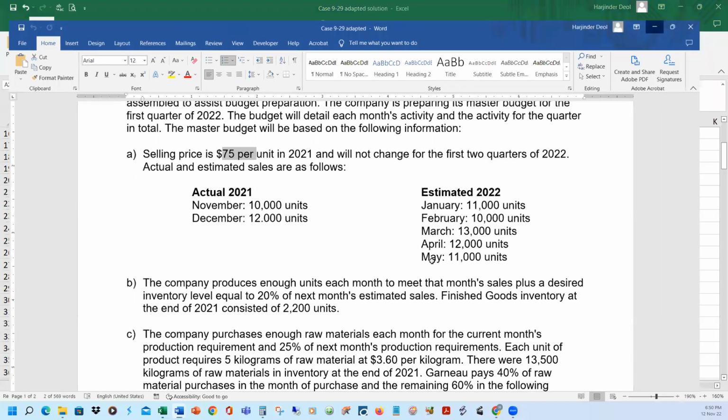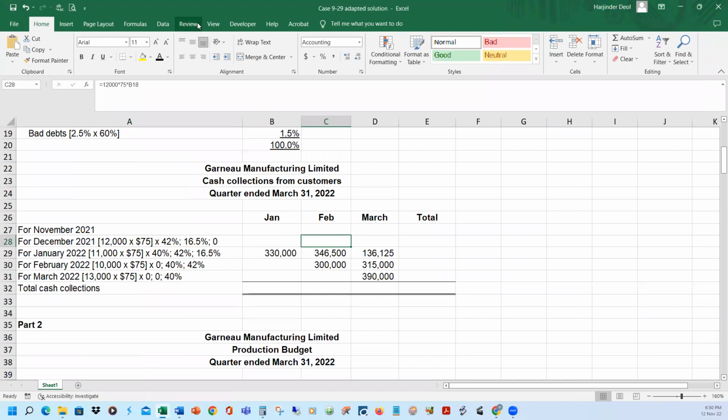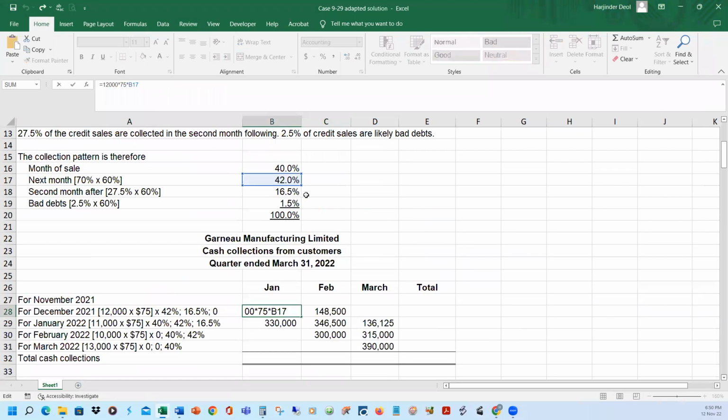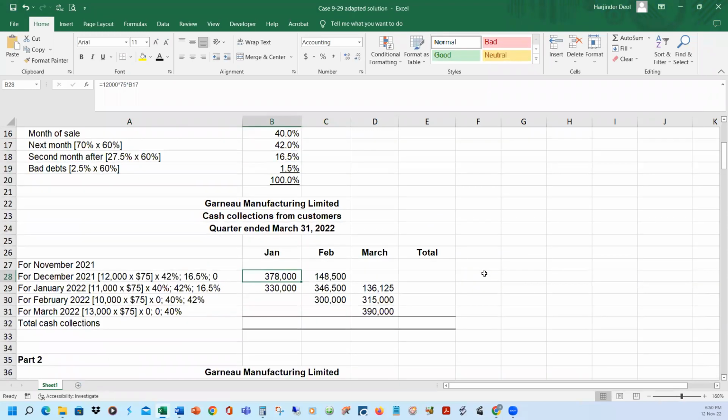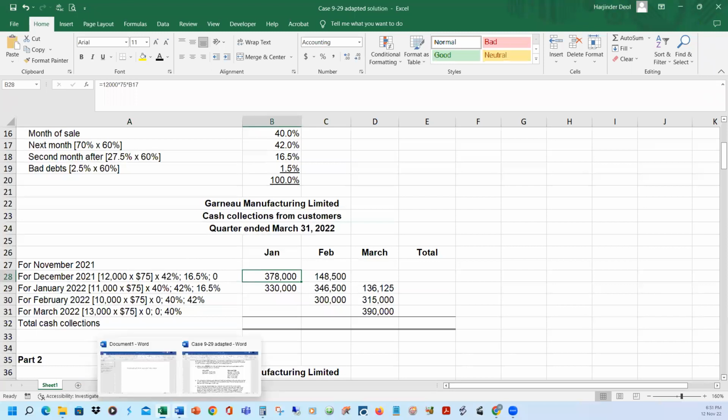So we're being alerted that not only do we have an amount relating to December being collected in February, we should also have an amount, the 42% of the sales that took place in December, collected in the month of January.